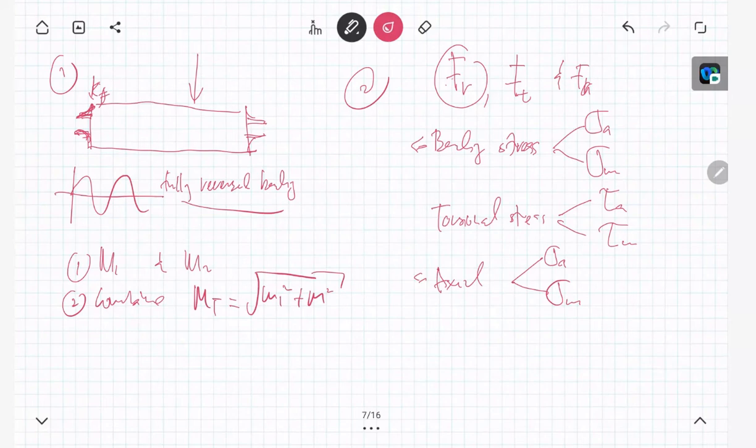Okay. So we use this one to get the value of bending stress. If we have different sigma A, tau A, then we need to combine. So we need to combine using equivalent alternating, and equivalent for mean.